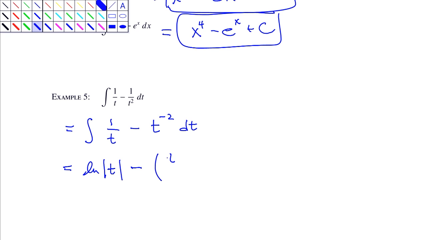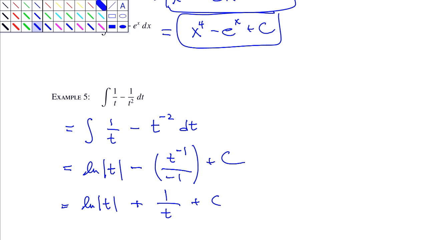Going to add 1 to the power, so that's going to be t to the negative 1 divided by negative 1 plus c. So we have the natural log of the absolute value of t. These two negatives cancel. T to the negative first power goes back into the denominator. That makes 1 over t plus c.